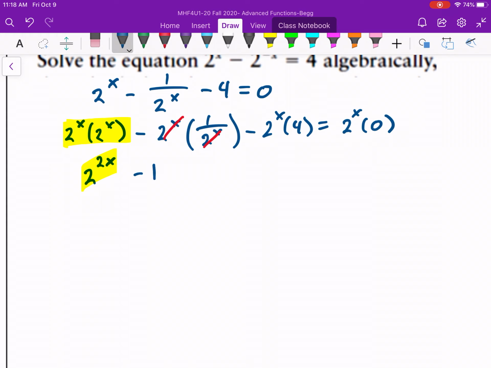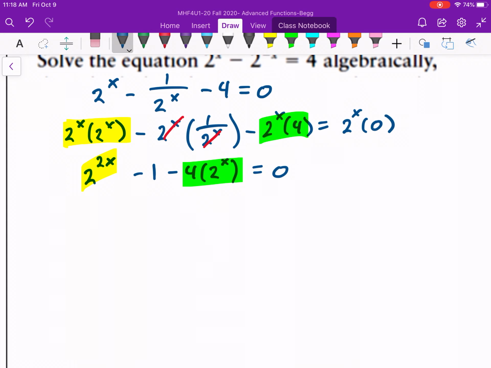And when I do this part here, there's nothing wrong with that, except it's kind of awkward. Normally, we'd put the 4 out front, so that's what I'll do. So there's minus 4 times 2 to the x, so just rearrange it. And finally, of course, 2 to the x times 0 just equals 0.